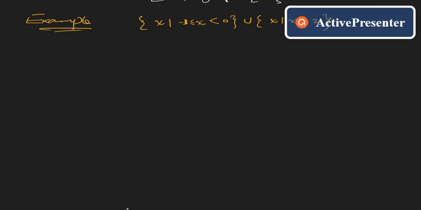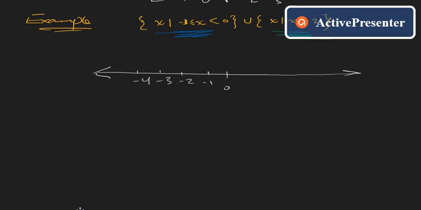So let's graph them together. I will put this one with blue and this one with green, and we will see what the intersection is. So here 0, minus 1, minus 2, minus 3, minus 4. So 1, 2, 3, 4.